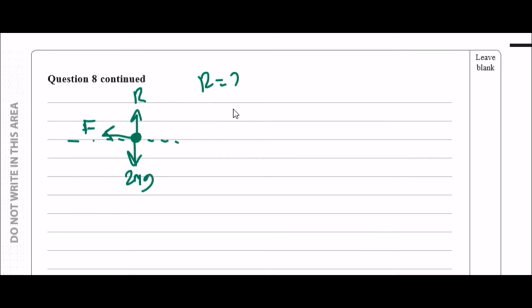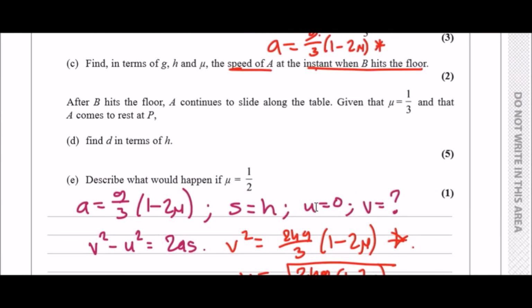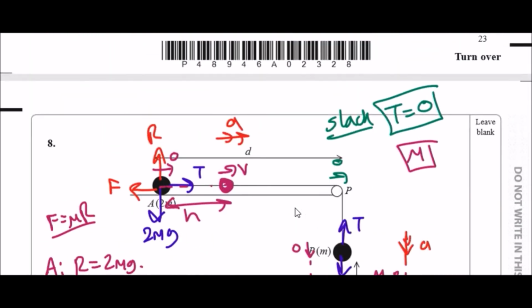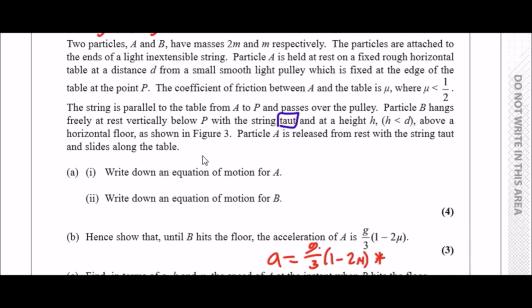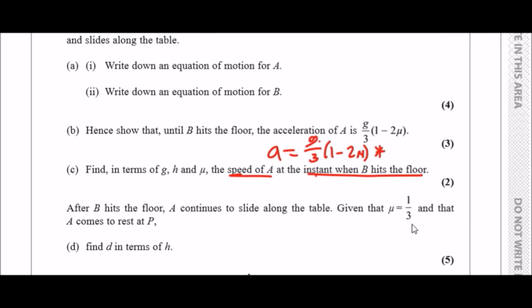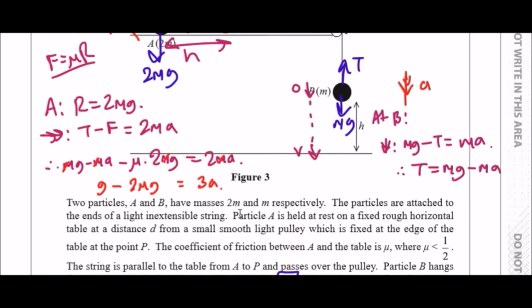R is still equivalent to 2mg. F is still mu R, which is technically 2mg mu. The only difference is, now it's traveled along some distance. The distance actually traveled here is from here to here. And the question wants us specifically to find D in terms of H.